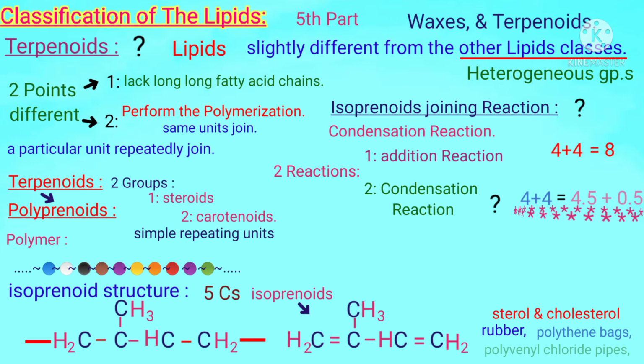Therefore, any reaction in which smaller things combine to form a large molecule, but along with the large compound a smaller molecule is also released, is called a condensation reaction. Students, if a smaller molecule is not released, then it will be an addition reaction. So when isoprenoids are combined, different molecules are released, like water, ammonia. Different types of molecules are released from different types of reactions.